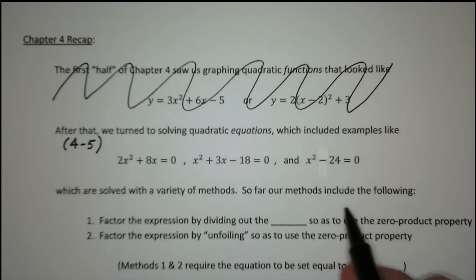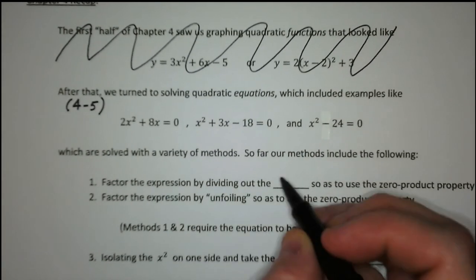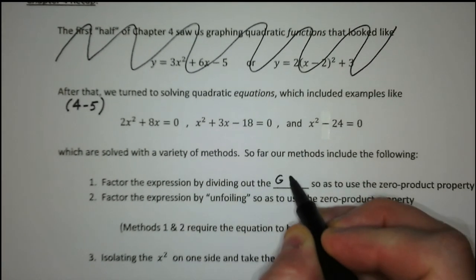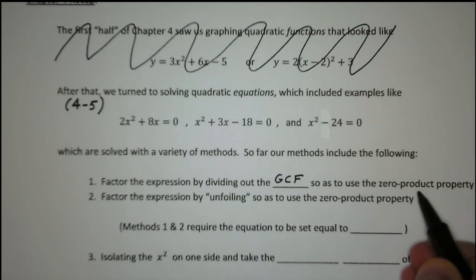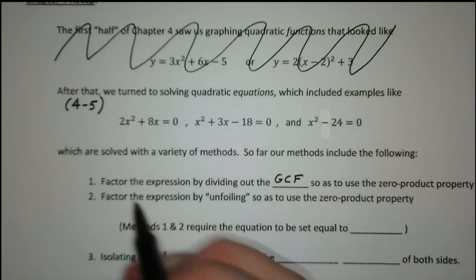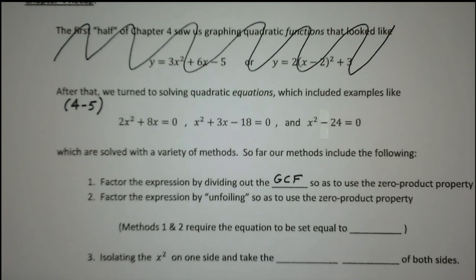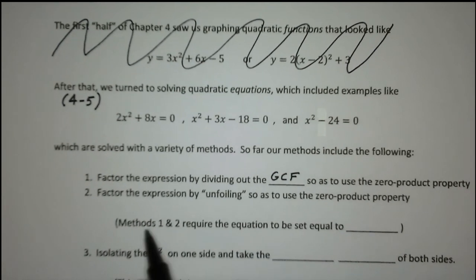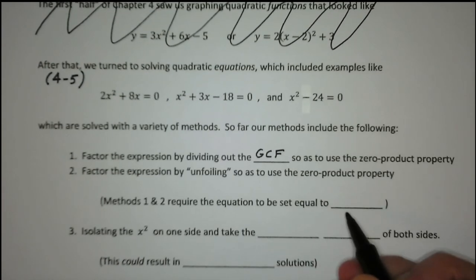So far, our methods include the following: factor the expression by dividing out the GCF, which we were doing last section, so as to use the zero product property. We also factored the expression by unfoiling, and then using the zero product property again. Methods 1 and 2 require the equation to be set equal to what? What did we need the equation to be set equal to before we could factor?